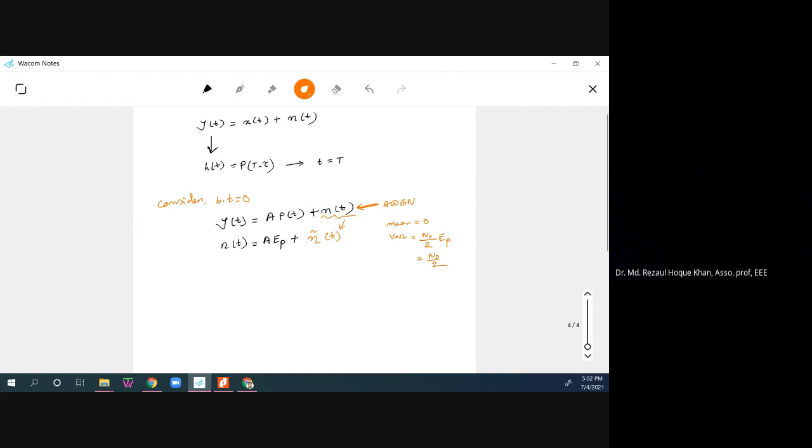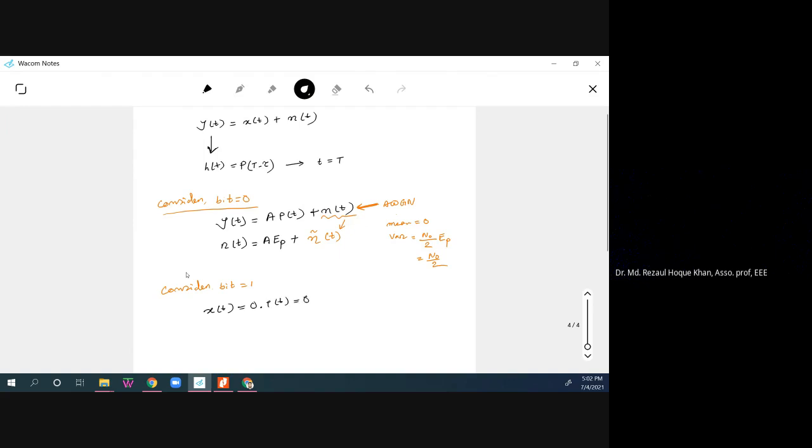Okay. So this is when we consider bit 0. Again we consider when the bit equals 1. So what will be the xt? Signal xt is actually 0 times pt, which is 0.